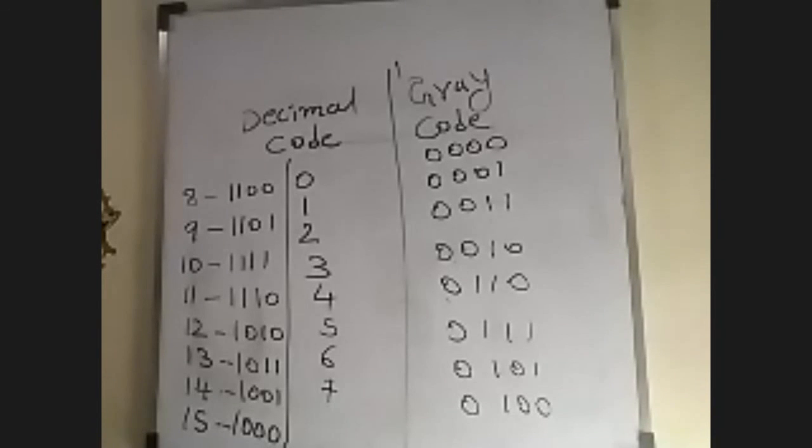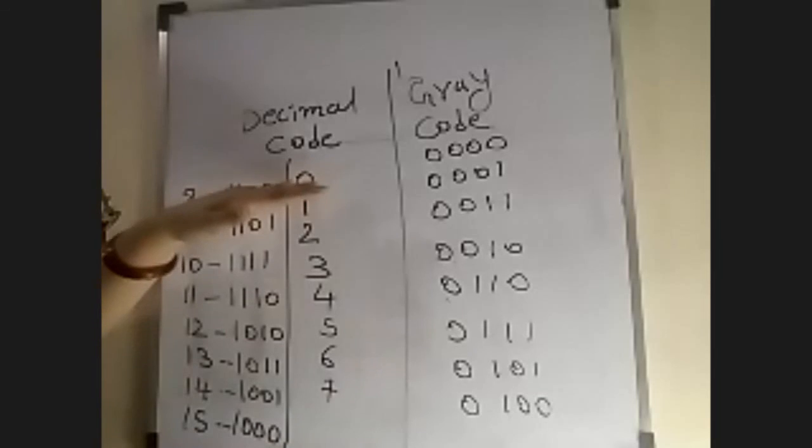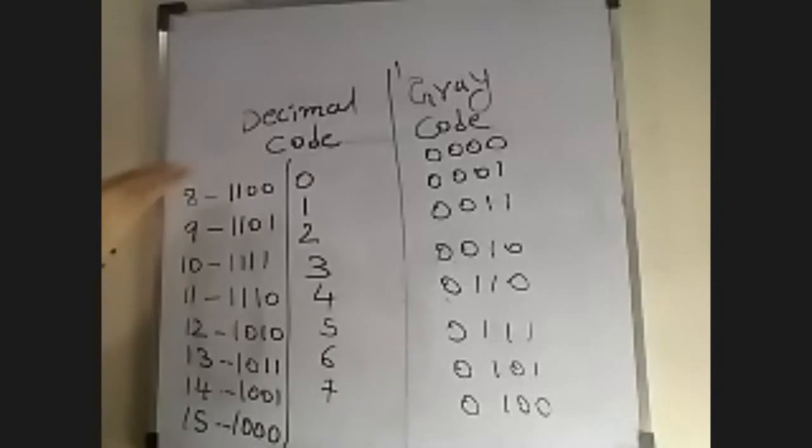Only the first bit will change from 0 to 1. Remaining values are the same, but here the values are taken from bottom to top, and for 8 to 15 values they are top to bottom. So in the next class we discuss gray code conversions, that is how to convert from binary to gray code, and how to convert from gray code to binary.